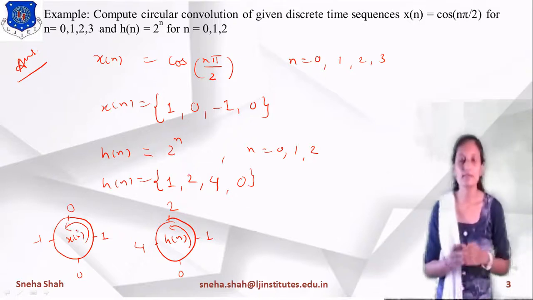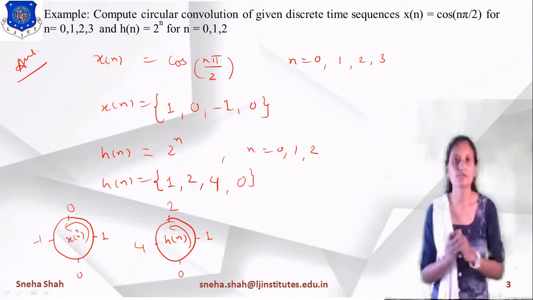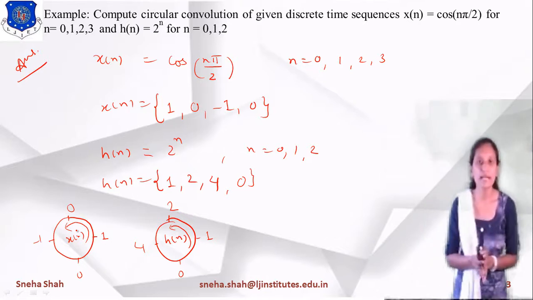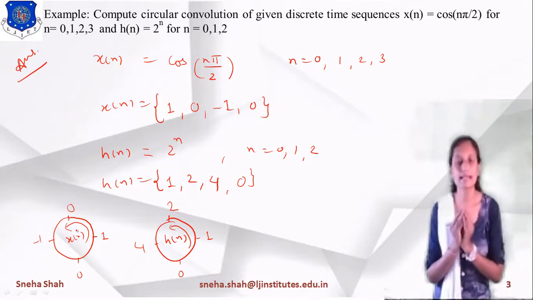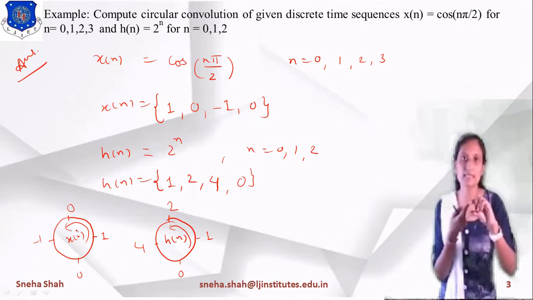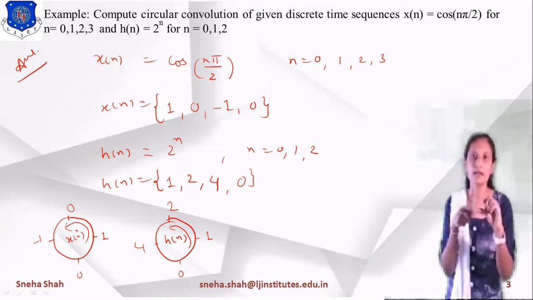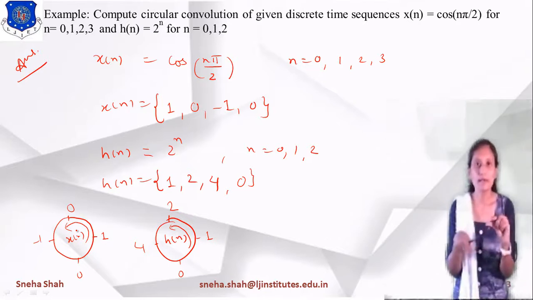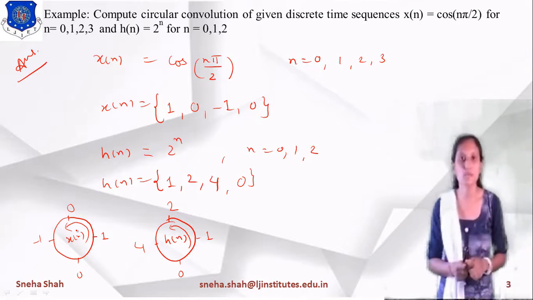Now, as you know from the equation of circular convolution, we multiply the two sequences, then fold one sequence and rotate it one by one, meaning we have to shift the sequence, right?